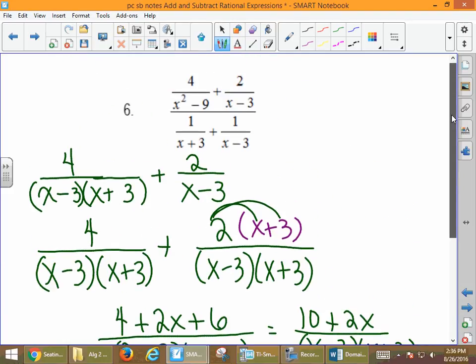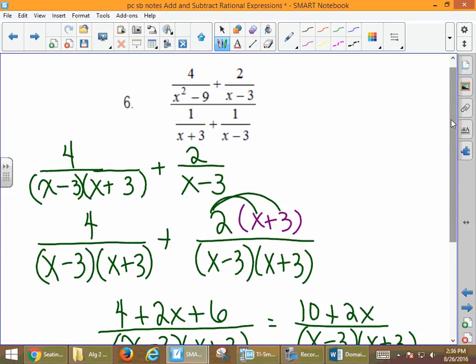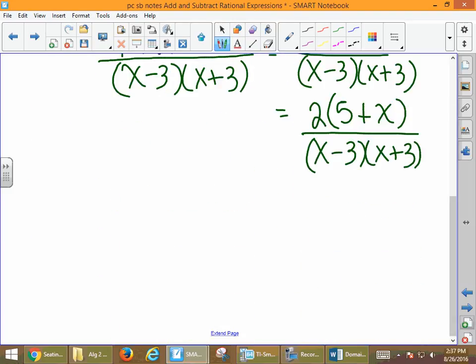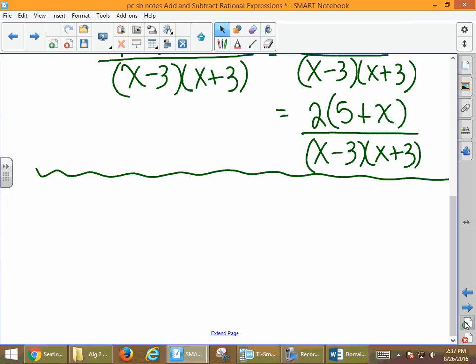Well, now we have the bottom of the fraction, and we need to find the common denominator there. But luckily, all that we can do is multiply those two together. So on your paper, you can maybe write to the right. I'm going to write down here, and I'll switch colors.